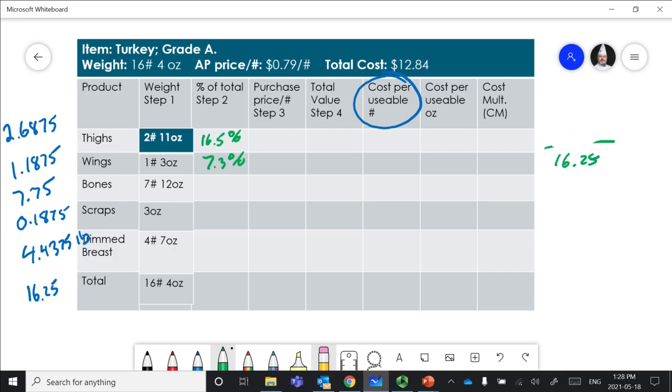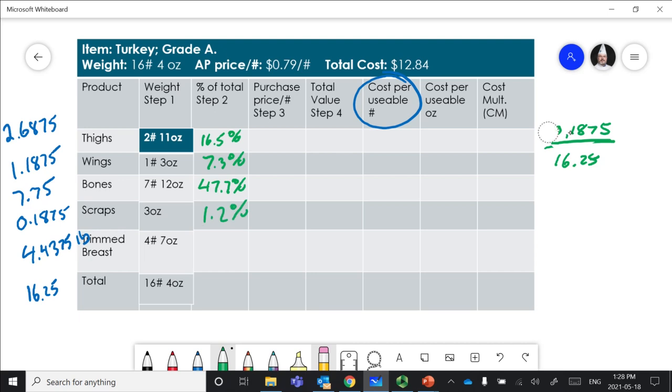Our 7.75 divided by our 16.25 gives us 47.7%. Our scraps of 0.1875 divided by our 16.25 gives us 1.2%.